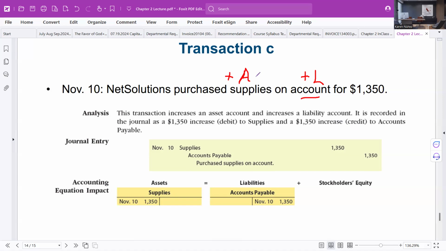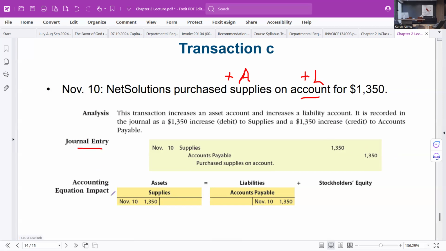How do you increase an asset? By debiting it. How do you increase a liability? By crediting it. So we're going to debit this asset called supplies for $13.50. We're going to credit this liability called accounts payable for $13.50. That's our journal entry.